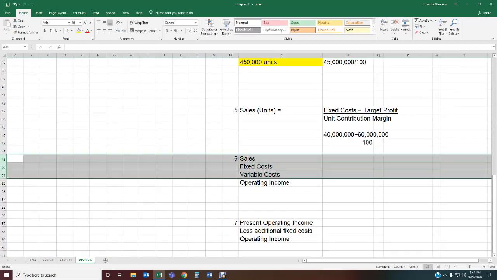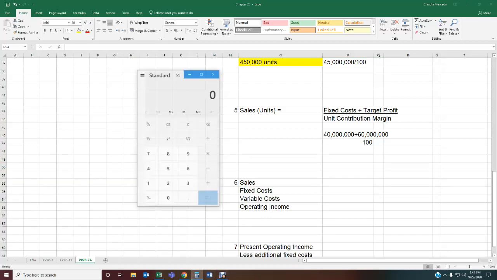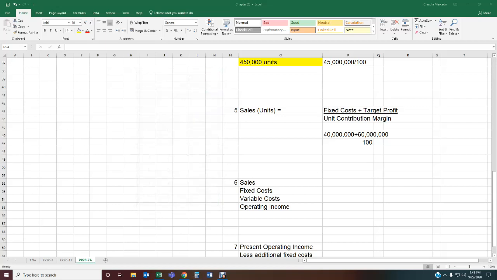And let's see what we get. So 40 million plus 60 million. That gives me $100 million.